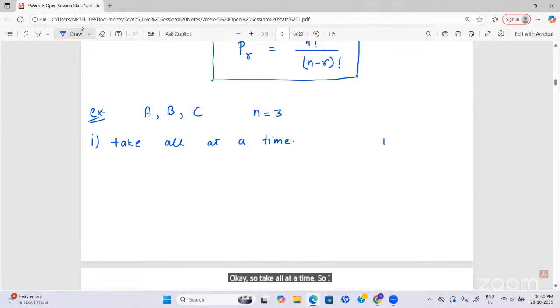So n is equal to 3 and r is also 3 here because we are taking all the n items.